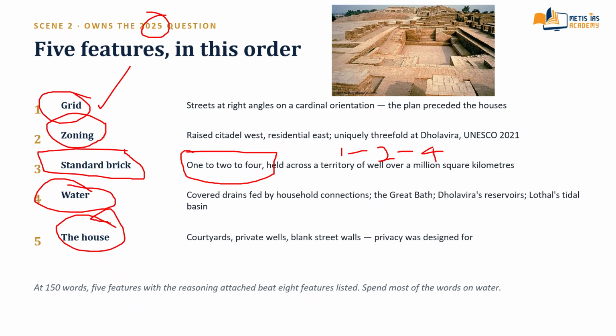Now the feature defined by absence, which is in scene 3 and which you should flag here in a single sentence: no temples, no palaces, no royal tombs, and no monumental statuary. So this is all regarding Harappan art.